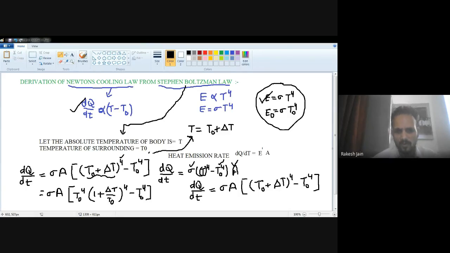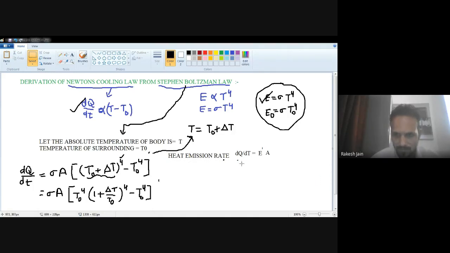Now I just clear this right hand side so that I can explain it to you. So now dQ/dt is equal to, I just take this T0 outside.